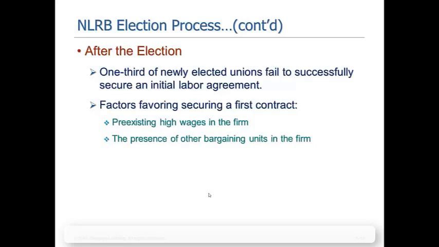If there are other unions, other bargaining units within the organization, there is a history of dealing with unions and therefore oftentimes more successful bargaining for that initial contract. And if there is a very wide margin of victory in the representation election, that can also lead to a successful first contract negotiation.